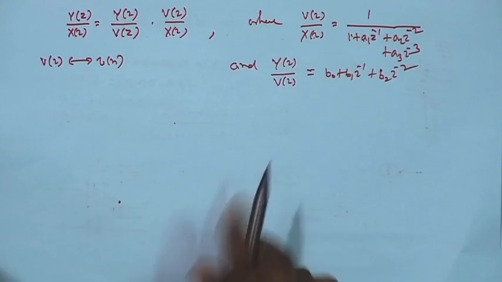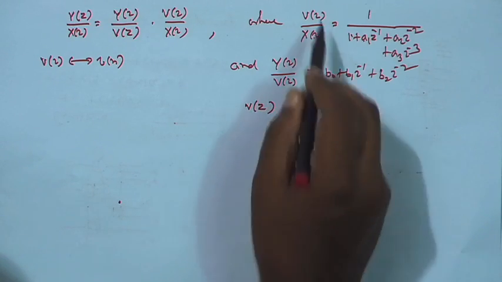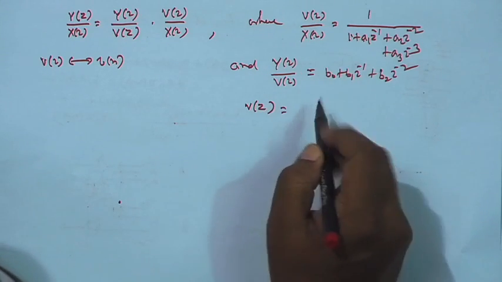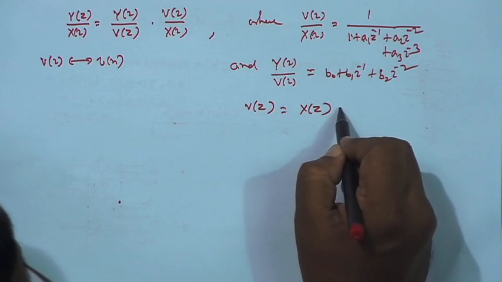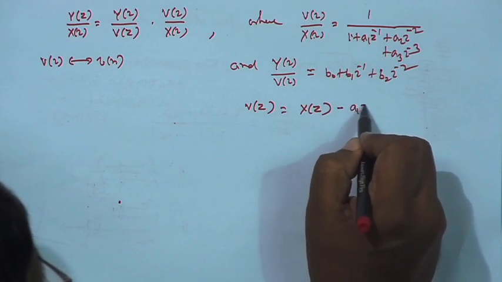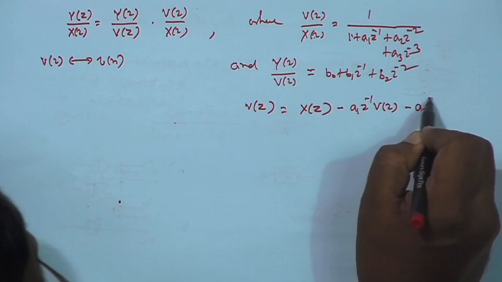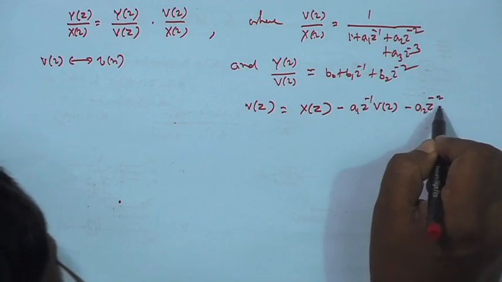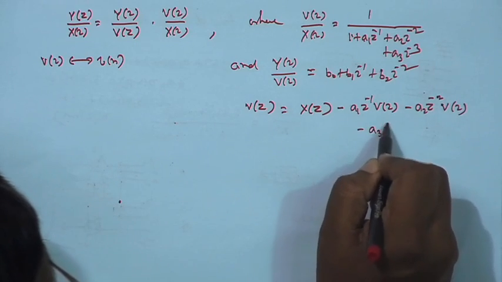So, it is like this, V(z) into 1 you keep on one side, on the other side you have X(z) into 1, so X(z) minus A1 Z inverse V(z) minus A2 Z inverse 2 V(z) minus A3 Z inverse 3 V(z).